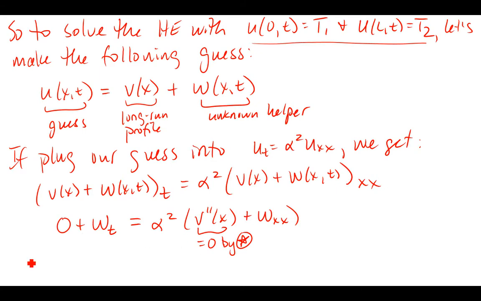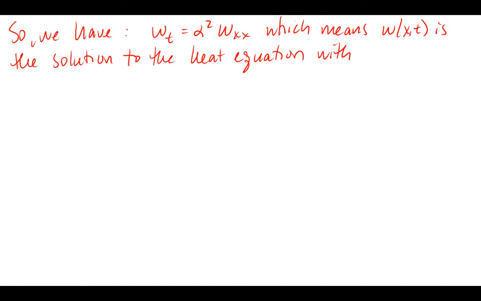But W, while it has to satisfy the heat equation PDE, that's what this boiled down to, let's check on the ends. What's the temperature on the left end? Or what do I get when I plug in 0 for X and any value for T?